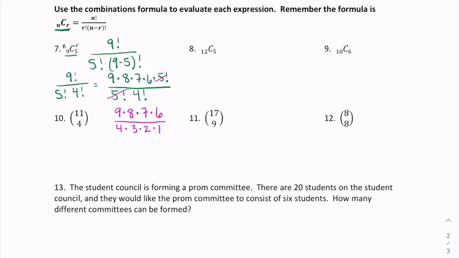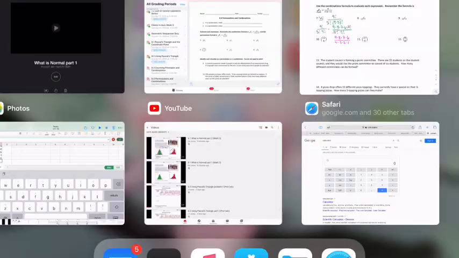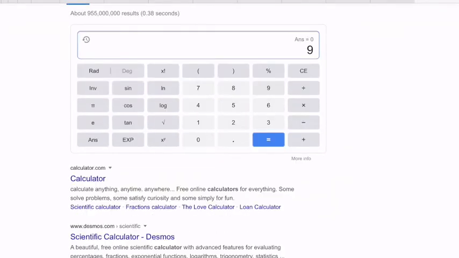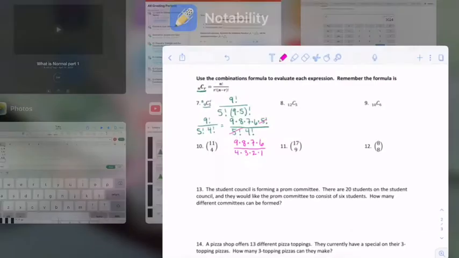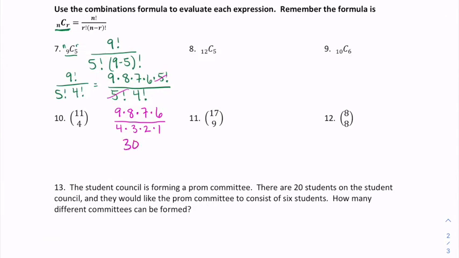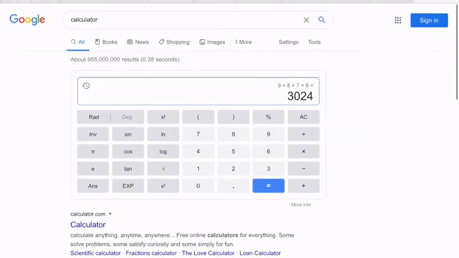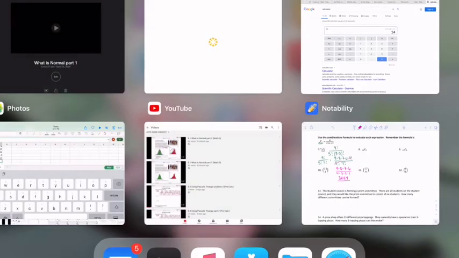Well, if I type 9 times 8 times 7 times 6 into my calculator, we have 9 times 8 times 7 times 6, which is 3024, over 4 times 3 times 2 times 1, which is 24.